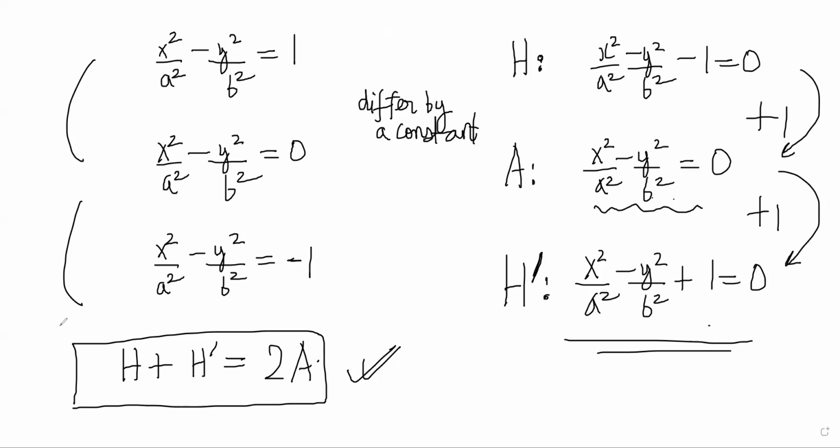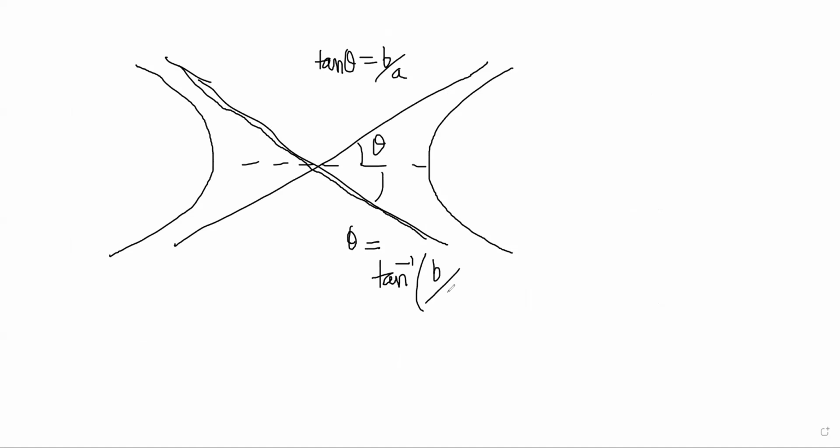Another thing to notice is the asymptotes were like this and the hyperbola was like this, and the slope of the asymptotes was this angle theta. Tan theta was equal to b by a, and again here also the slope was minus b by a, so this angle was also theta is equal to tan inverse b by a.